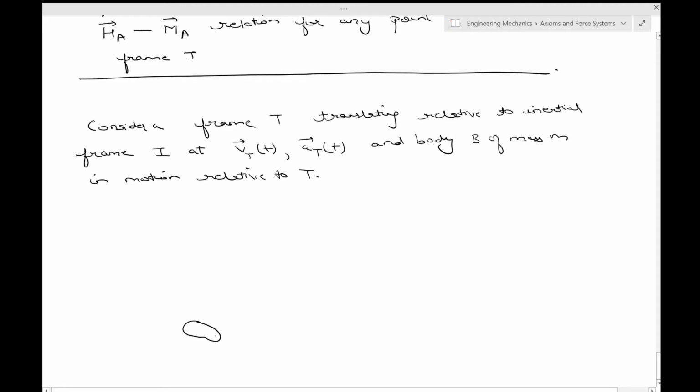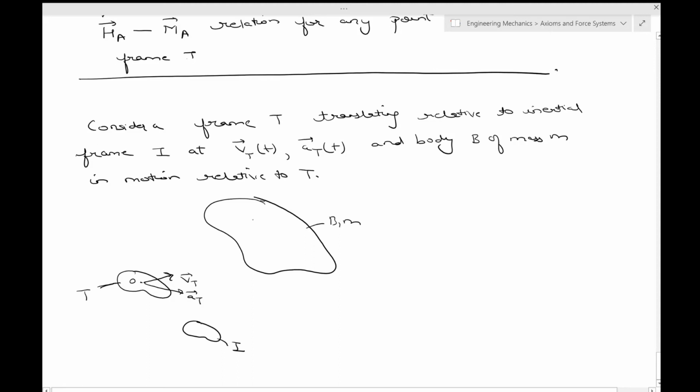You have an inertial frame I, you have a translating frame T. Clearly you have this point O, it has V t and A t. Then this is the body B in frame T.